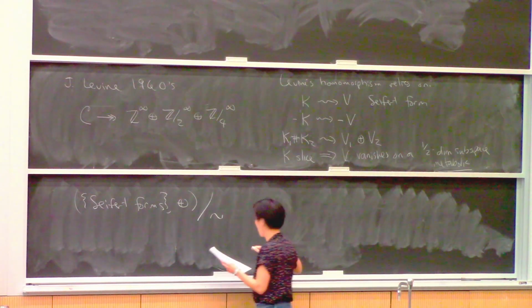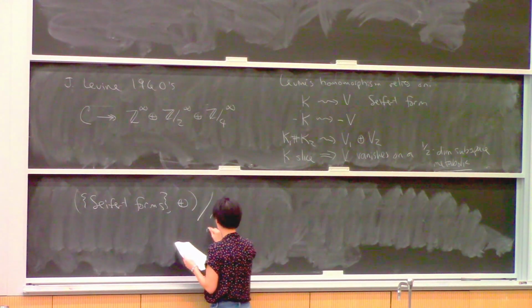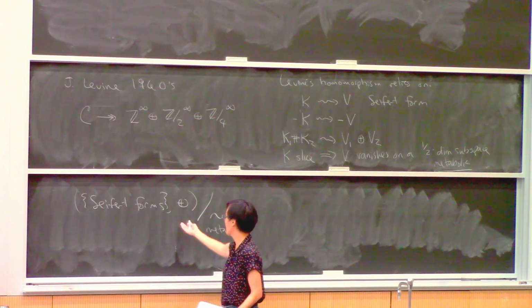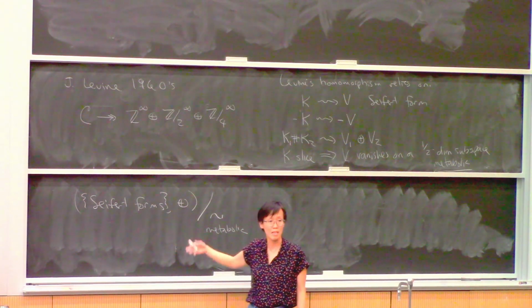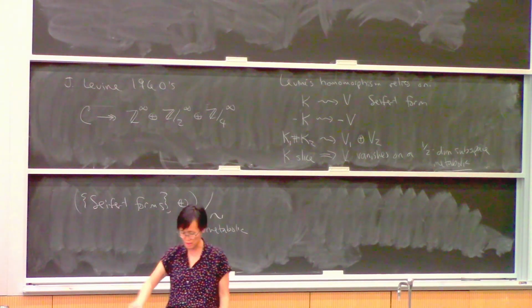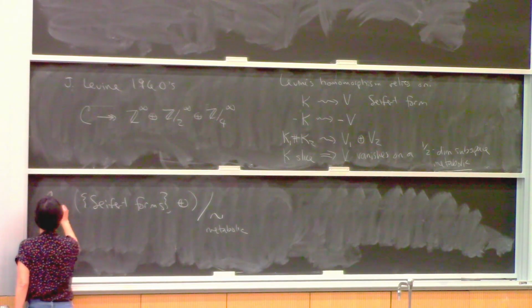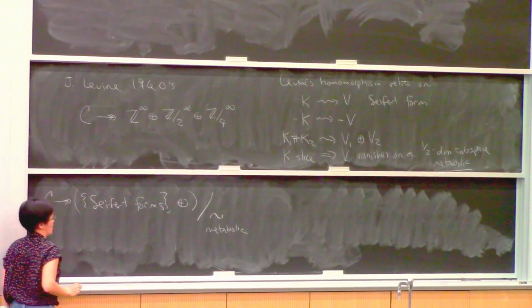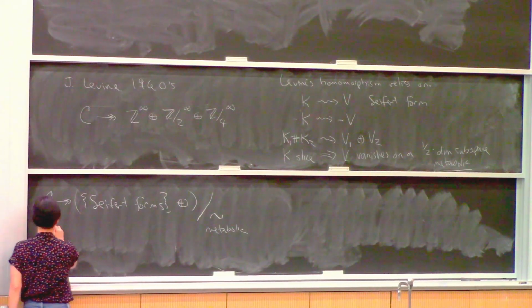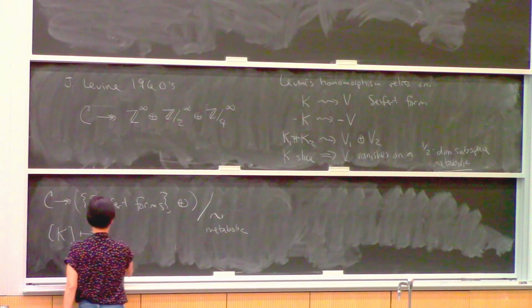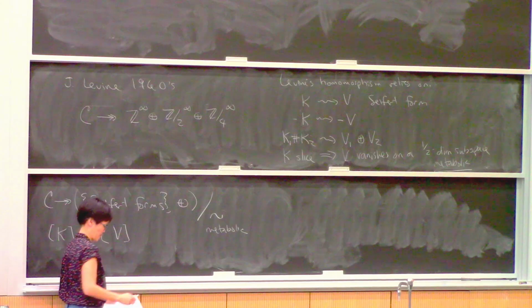So you quotient by metabolic forms. And this turns out to be a group, just like when we quotiented knots by concordance, we got a group. This is the homomorphism that he defined, right? You have a knot K, and you send it to the equivalence class in the group.